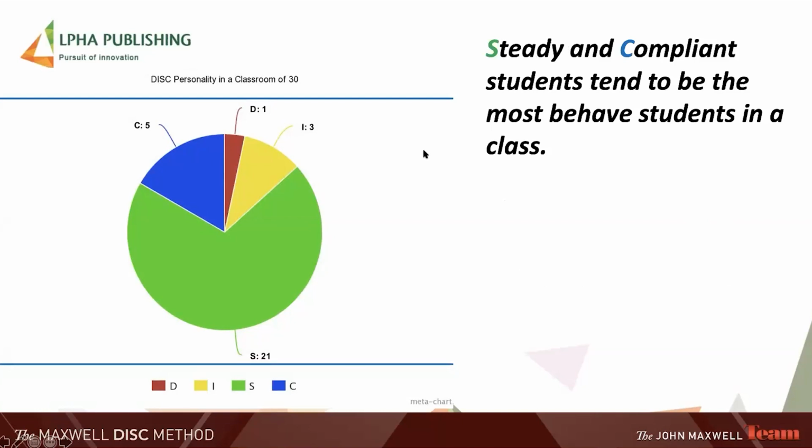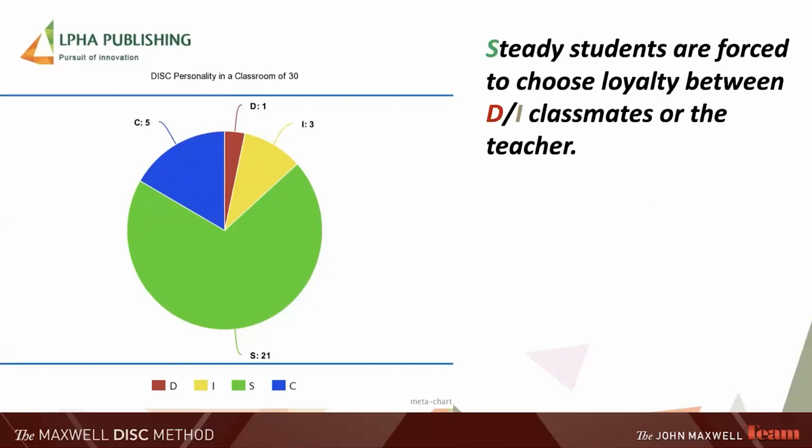Steady and compliant students tend to be the most behaved students in your class. They tend to be, unless steady students are forced to choose between loyalty to their D and I classmates or the teacher. You see, this big green area, this S area right here, these students are up for grabs.